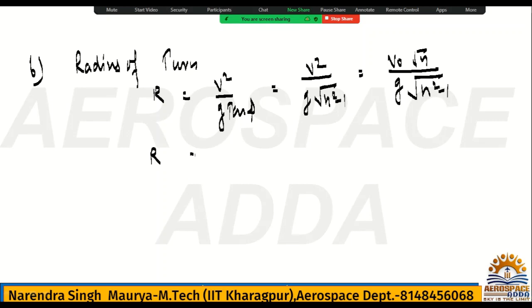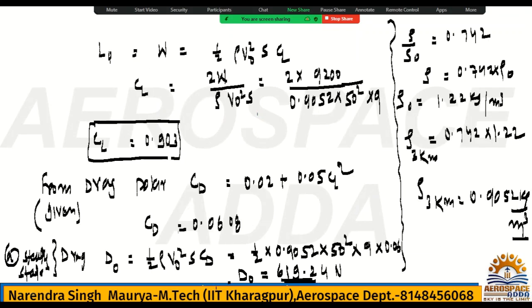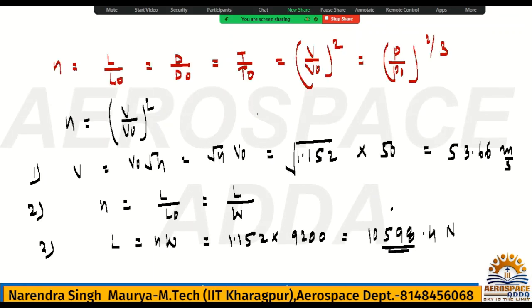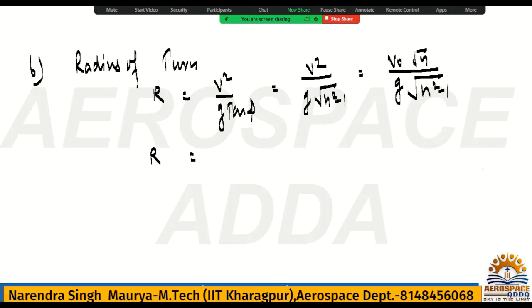If you write V, then this value you have to write, which you have calculated somewhere here, 53.66. If you want to use the first formula, you have to write 53.66 square divided by 9.8, root of 1.152 square minus 1.